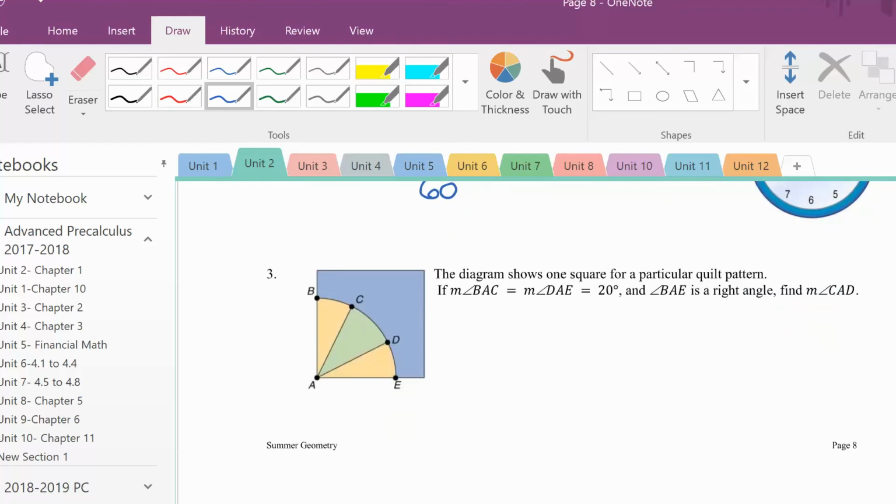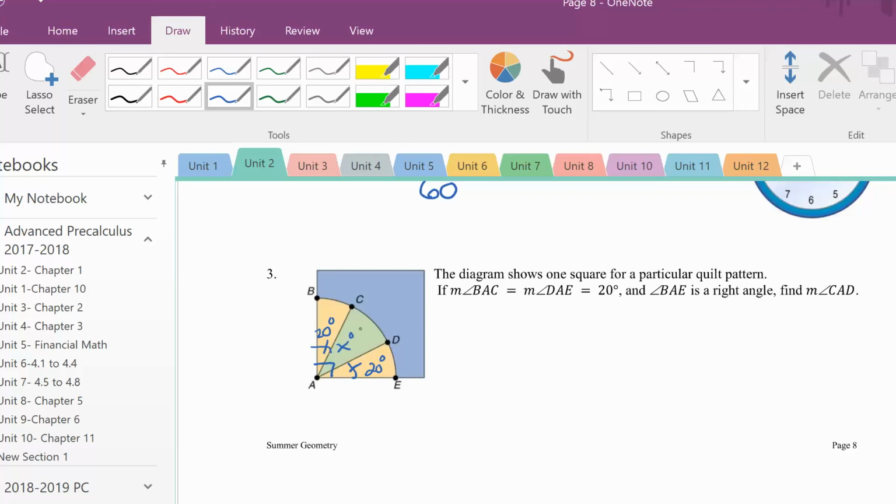Number 3, the diagram shows one square for a particular quilt pattern. If the measure of angle BAC equals angle DAE, so BAC and DAE are the same, and they're both 20 degrees, and BAE is a right angle, so this whole thing is a right angle, find the measure of angle CAD.